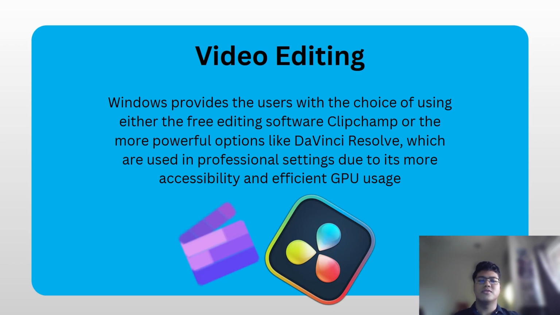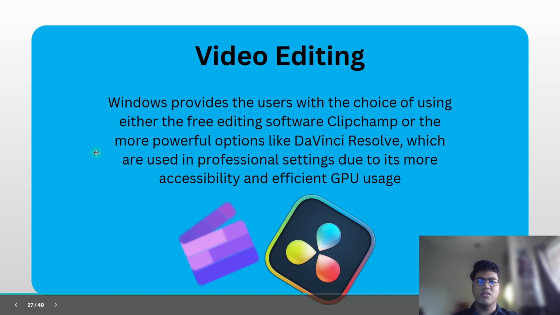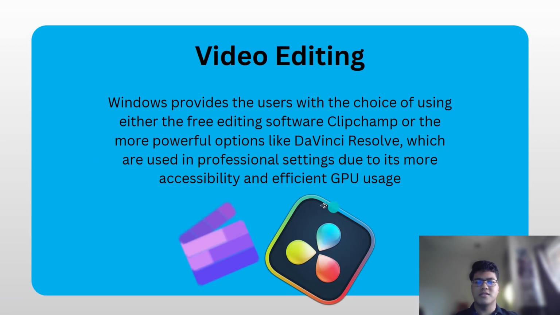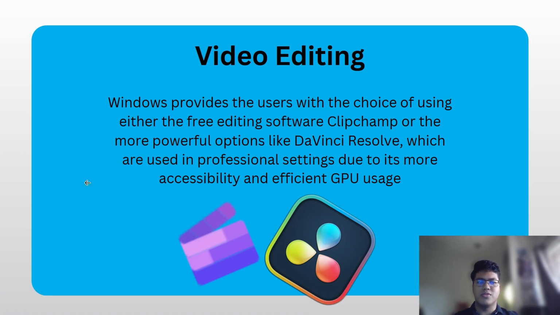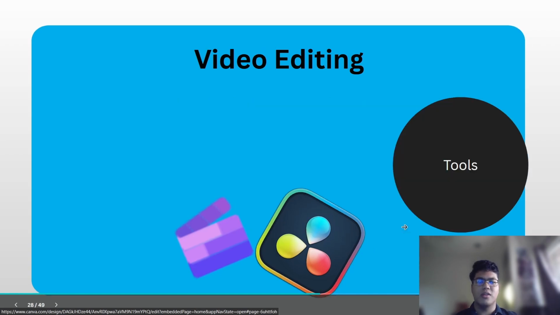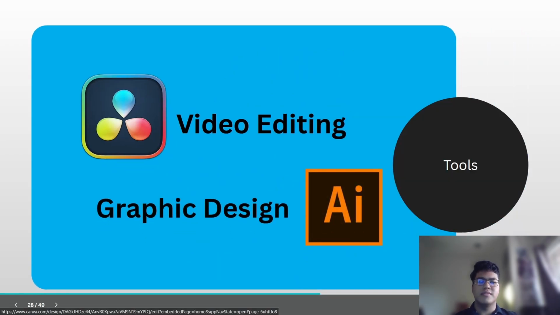Windows provides the user with a choice of using either the free editing software, as we can see down here, or the more powerful options such as DaVinci Resolve or even Adobe Premiere Pro, which are used in professional settings due to its accessibility and efficient GPU usage. We go back and back.